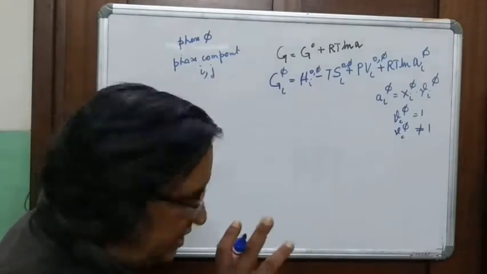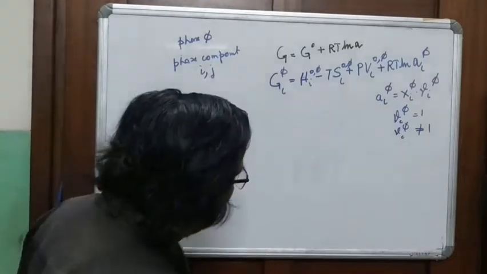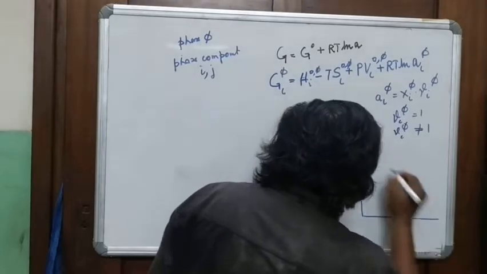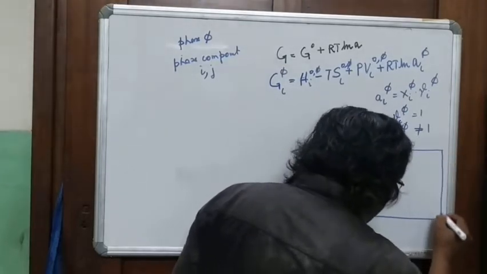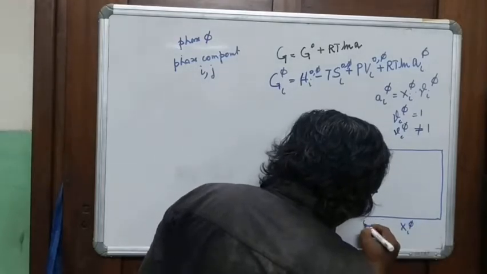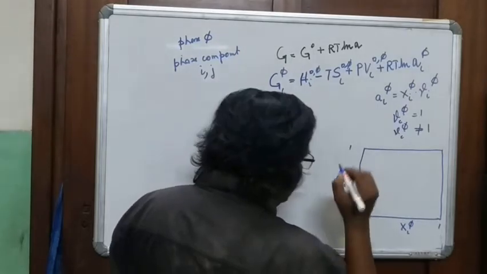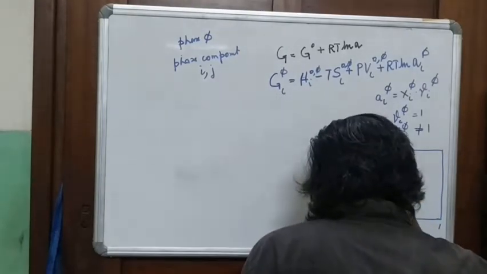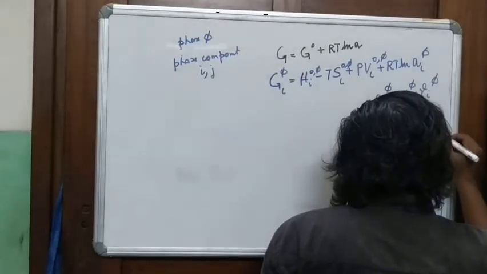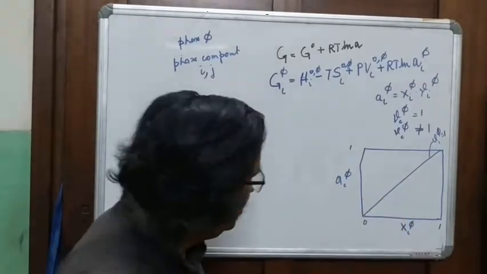The other point is important, and this will come up later: activity-composition relations are given by a diagram called an a-x diagram, where this axis is x_i phi from 0 to 1 and this is activity of I in phi from 0 to 1, and this is where gamma I phi equals 1, and this is called an ideal solution.